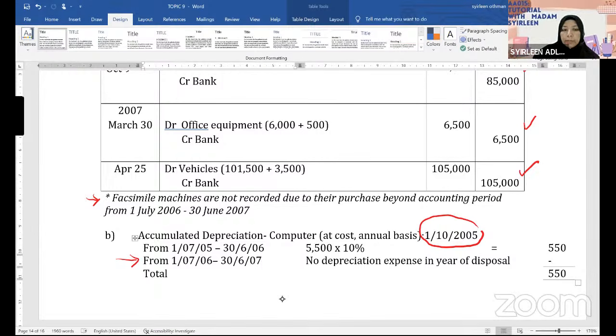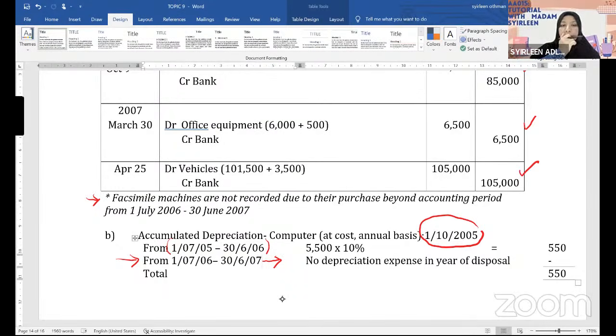So dia punya accounting period is actually here, pada 1 hari bulan Julai 2005 hingga 30 hari bulan 6 2006. Ialah tarikh you beli komputer tadi. Lepas tu tahun depan tu 1 hari bulan Julai 2006 sampai 30 hari bulan Jun 2007. So this is tahun komputer hilang. Dia hilang masa Christmas kan?